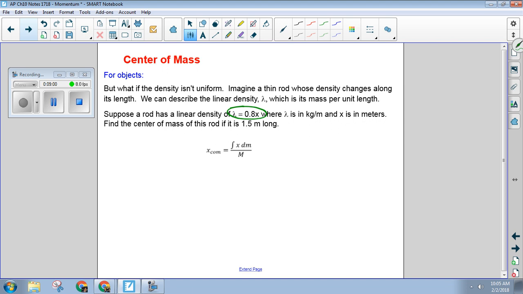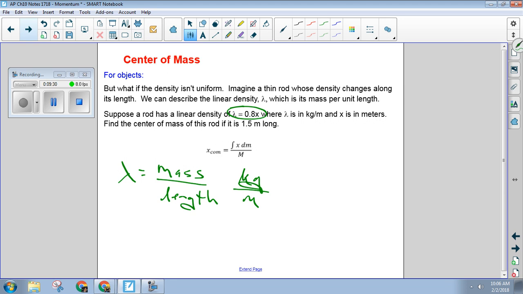The Greek letter lambda is the symbol usually used for linear density, and it's simply the mass per unit length. So the units would be kilograms per meter. Follow? All right, so that's what linear density is.